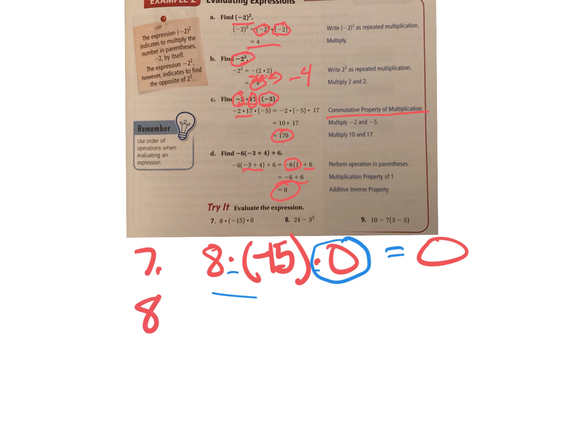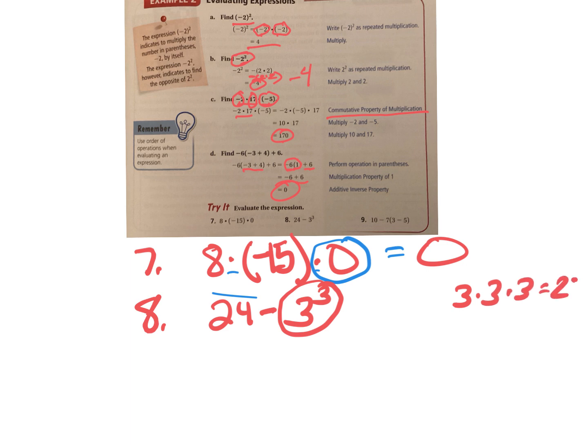Now let's look at 8. 24 minus 3 to the third. So what we're going to do is do this part right here. 3 to the third is 3 times 3 times 3. And that equals 27.